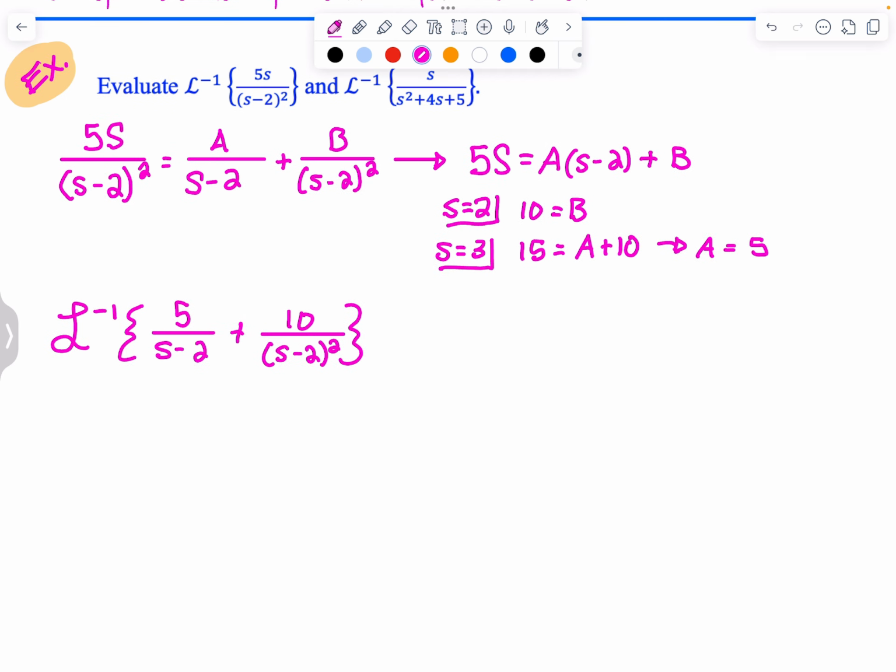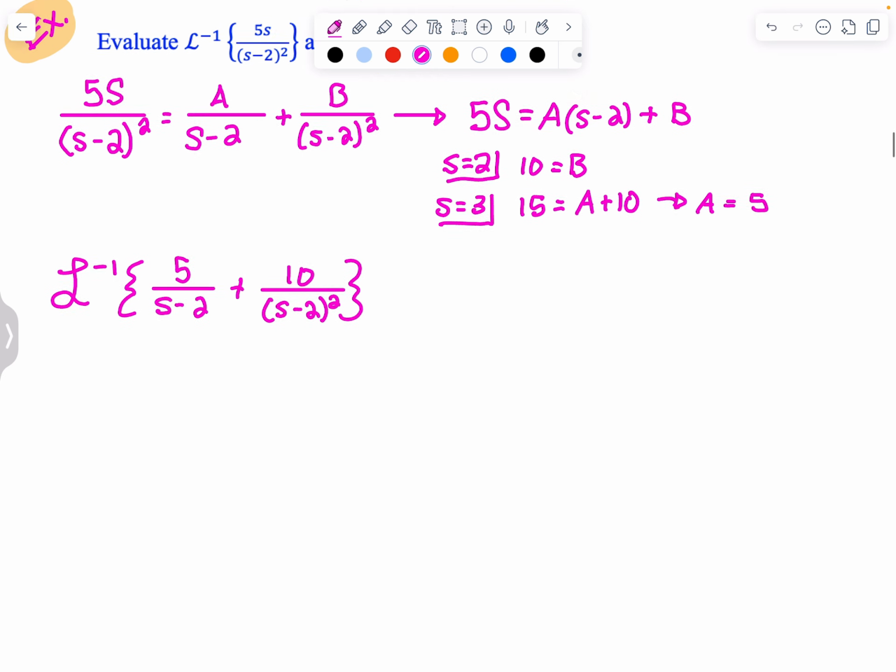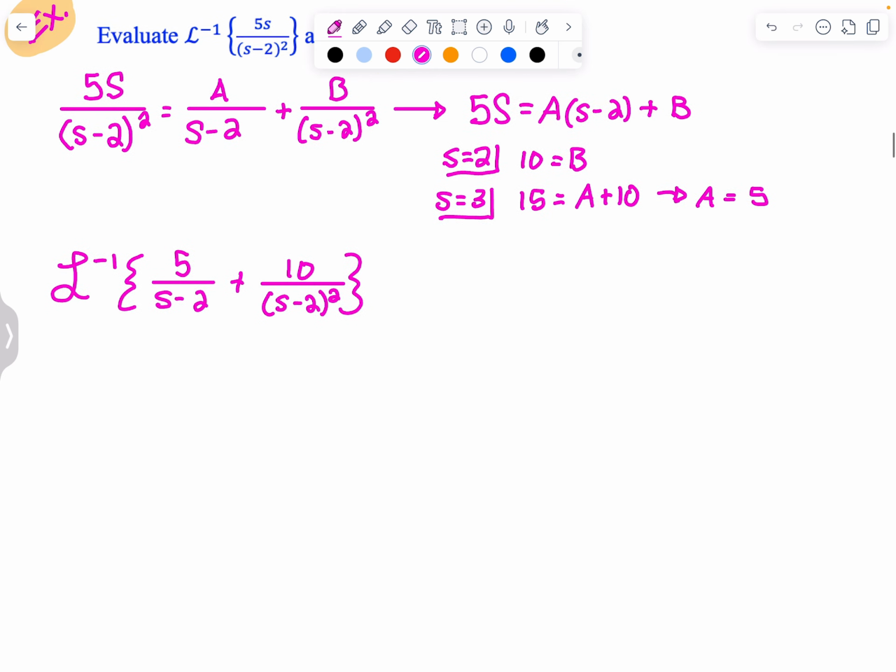All right, we can rewrite this. I'm going to go ahead and break these up, and there's a way to think about this that you guys have seen already. You should be able to see that that's that e function, but we're going to use this theorem. So this is actually the inverse of 5 over s, but I have to keep in mind, and we put this on the inside of it, that I need to change the s to s minus 2.